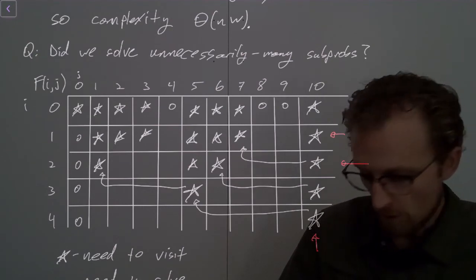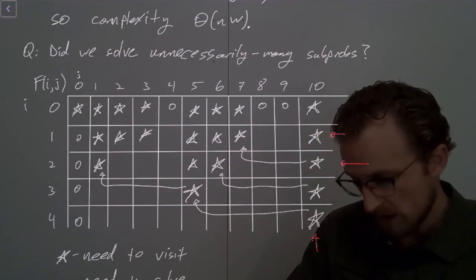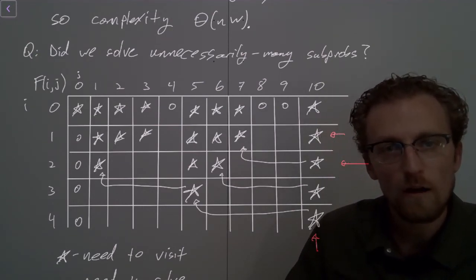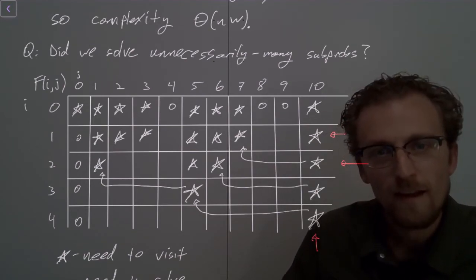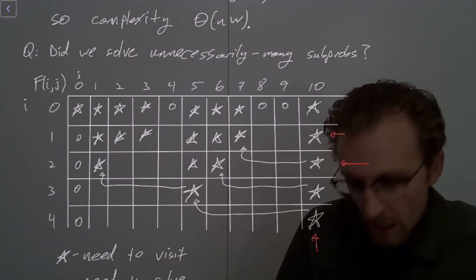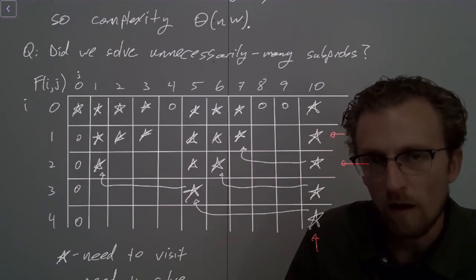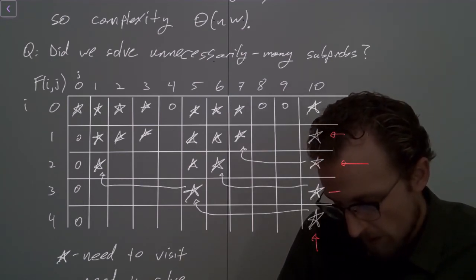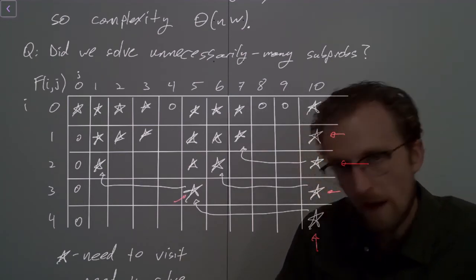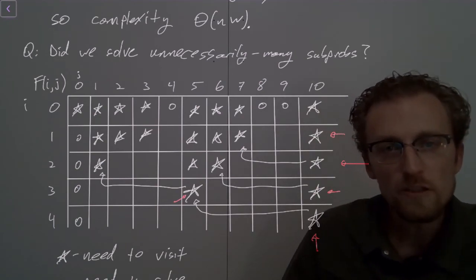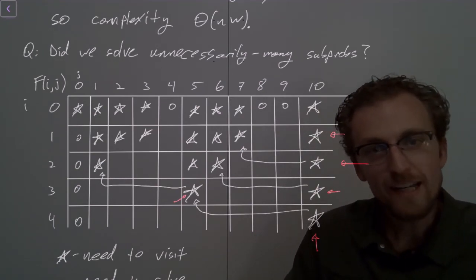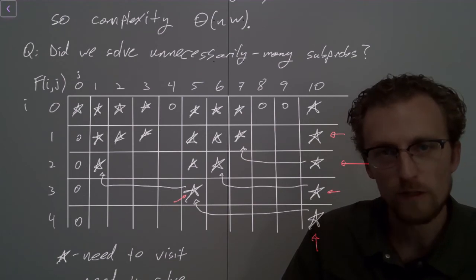And so what you'll do is you'll ask, hey, what's the optimal value for this spot? And what your algorithm will do is it will say, well, the things I need to know are the optimal values for this spot and for this spot. So I'll go into my table and I'll check to see if those problems have been solved yet.